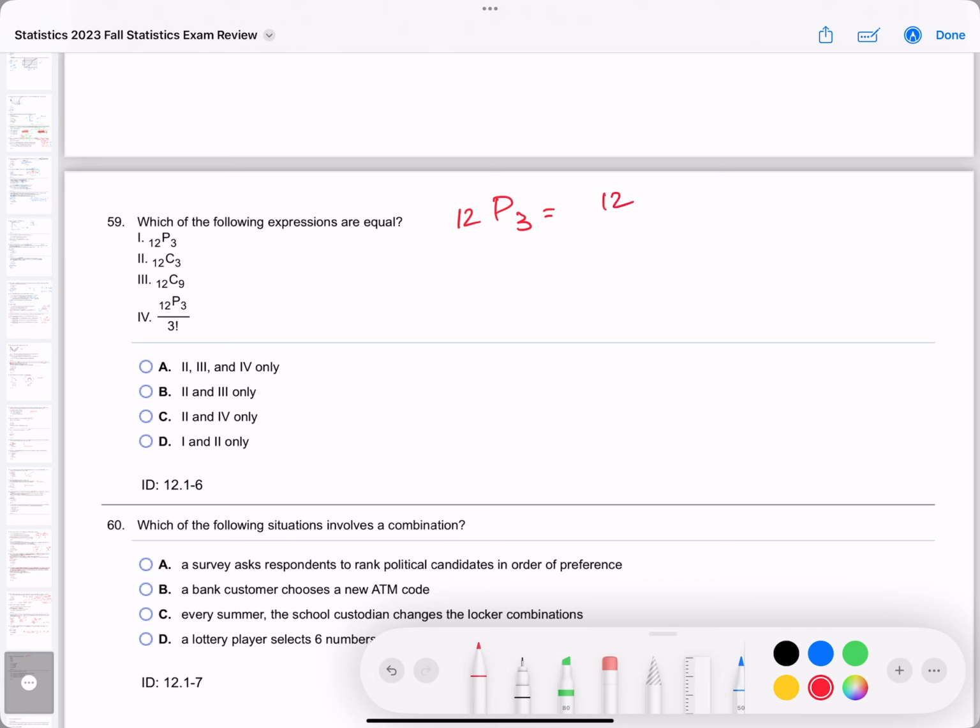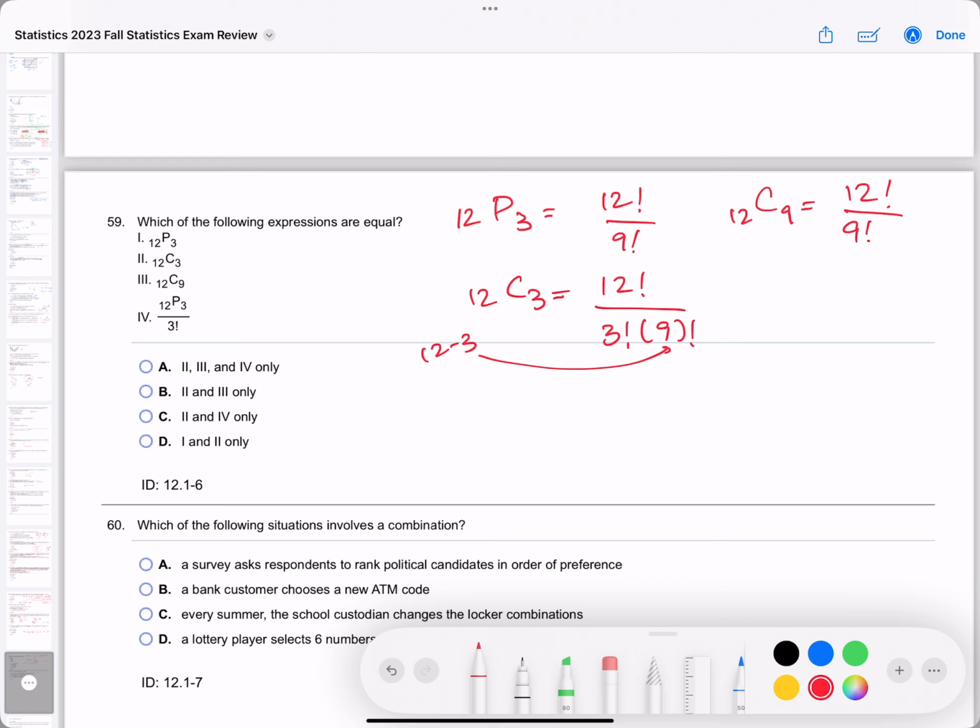12P3 is going to be 12 factorial over 9 factorial. 12C3 is going to be 12 factorial over 3 factorial times (12 minus 3) factorial, which is 9 factorial. That is from 12 minus 3 in the formula. 12C9 is the same formula. We have 12 factorial over 9 factorial times 3 factorial.